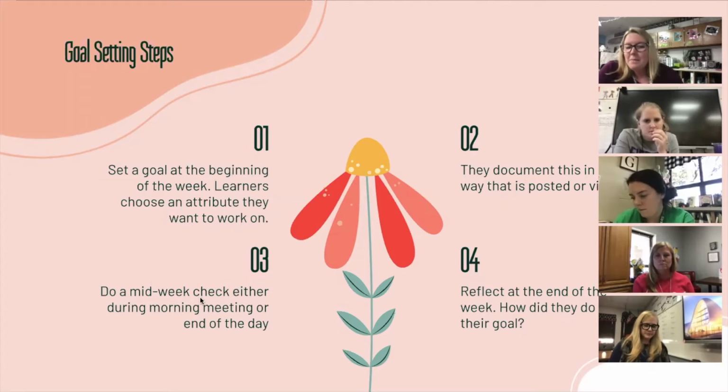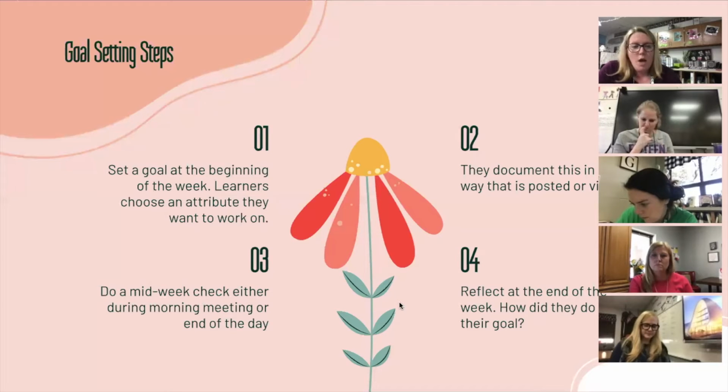And then a midweek check, either during morning meeting or end of the day. I know in fourth grade, we use Pear Decks as our morning meeting time. And in there, we use a little scale of 1, 2, 3, and they can rate themselves on how they're doing with it. Sometimes we might even do just a share out: what's something you've done to work on the goal?